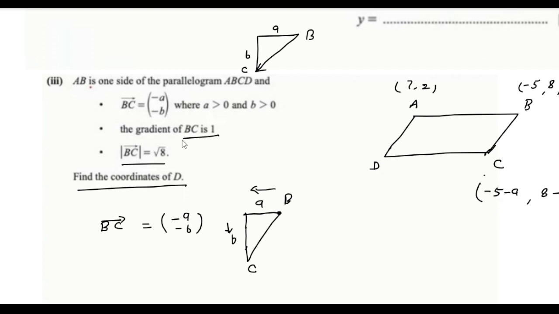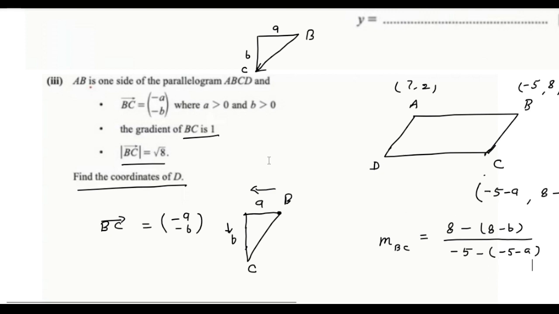What else is given? The gradient of BC is given. So the gradient of BC, I will say M of BC. How will you find it? You will find the difference of y coordinates, which is 8 minus (8 minus B), divided by the difference of x, that is -5 minus (-5 minus A).